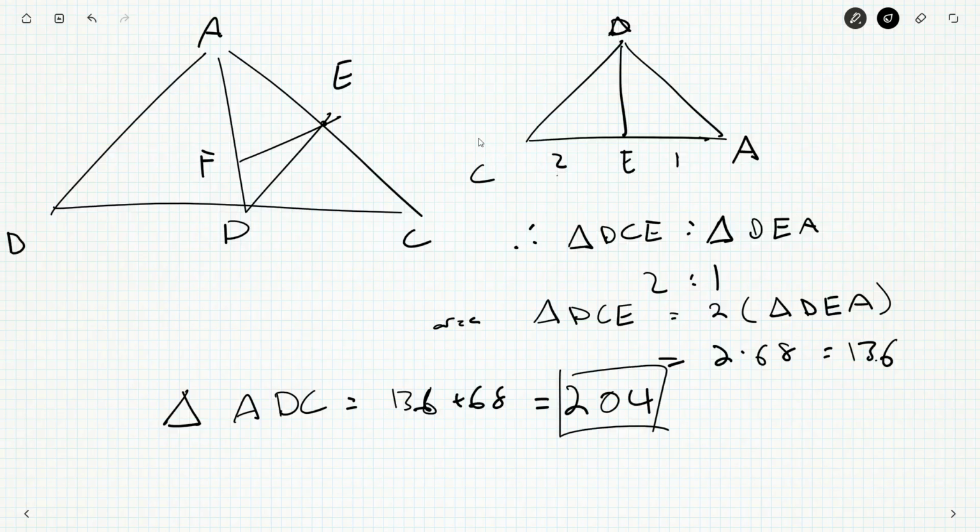AB, this should look like a B. ABD to ADC is 1 to 1, so they're both 204. I'm not going to bother drawing the picture again, but ABD to ADC is 1 to 1.